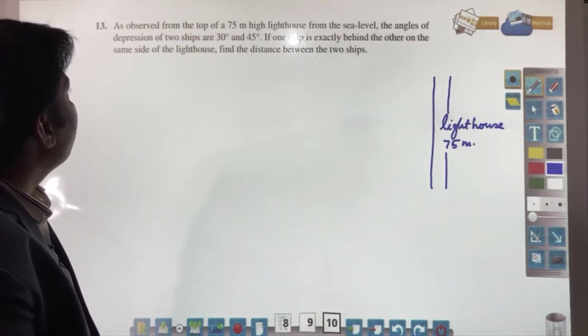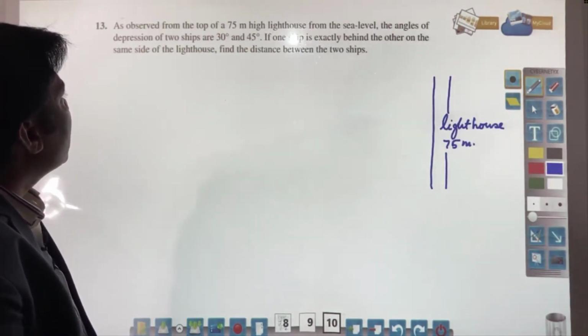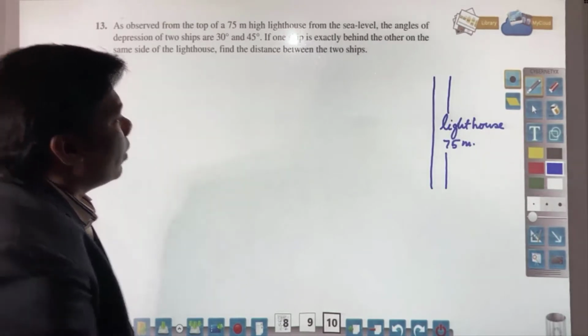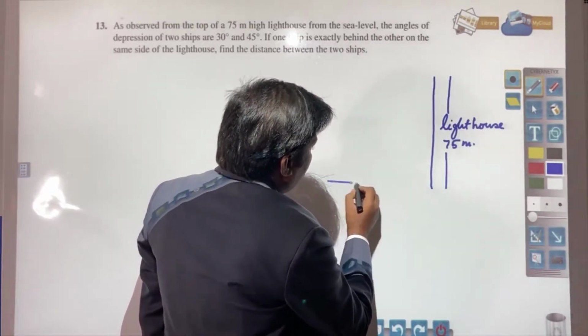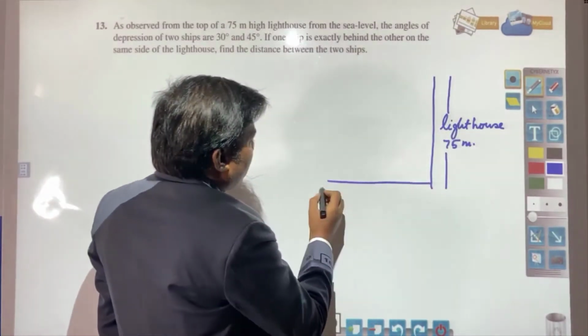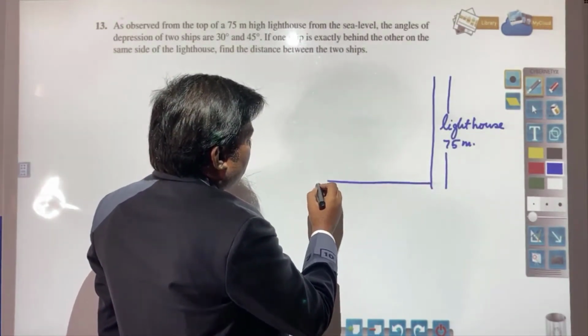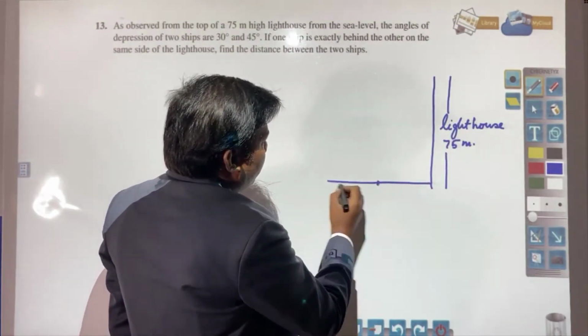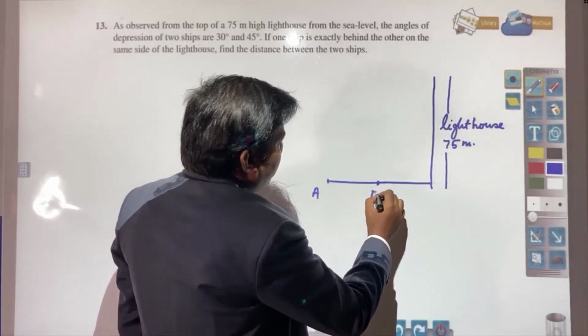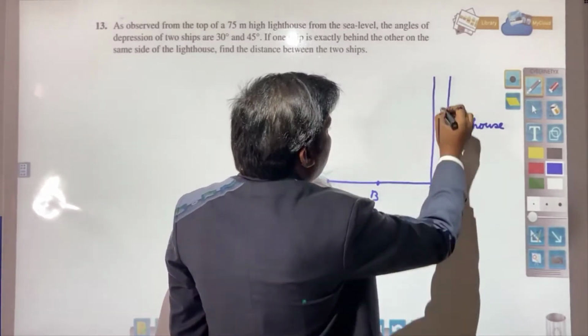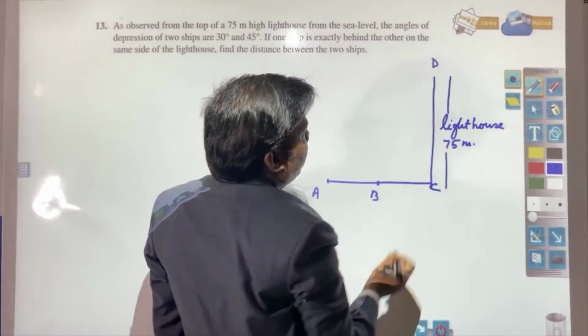The angles of depression of two ships are 30 degree and 45 degree. Suppose at 2 points you have ships. Suppose this is one ship, this is another. Name it. Suppose A, B, C and D.